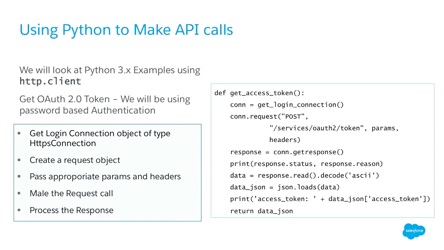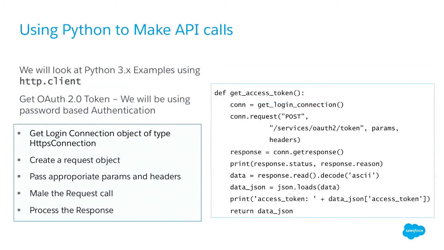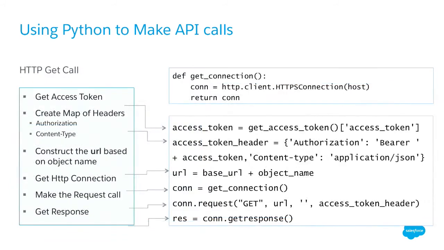Once we get a response, we have to extract the token. Once we get the token, then we use this token to make the actual call. If you go back, this was the method which I created to get the token. Now in the next slide, the first line, second box is the same method. So we are getting the access token.